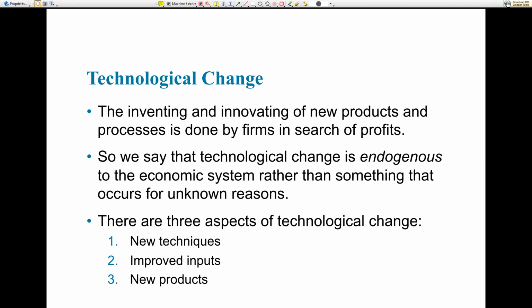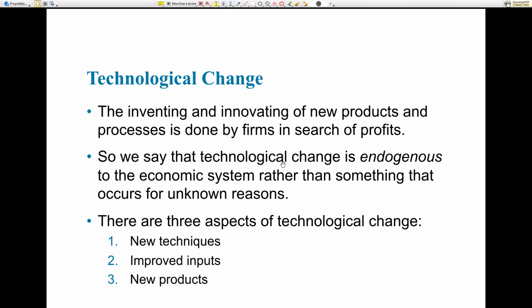So they take advantage of all the research that's done by scientists, and oftentimes financed by public organisms, so by taxes, by our own money. So we say that firms do the final step to put everything together, but they are taking advantage of much of the fundamental research that's done by other people too.